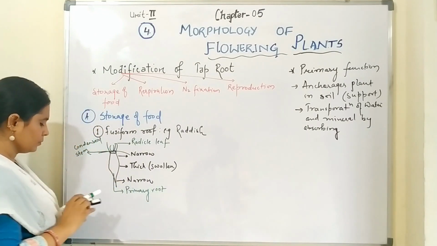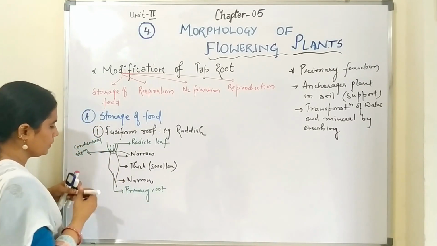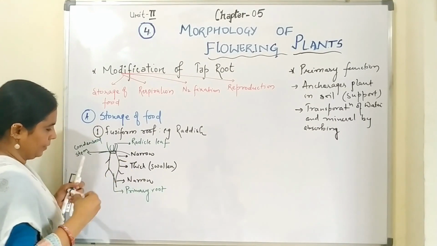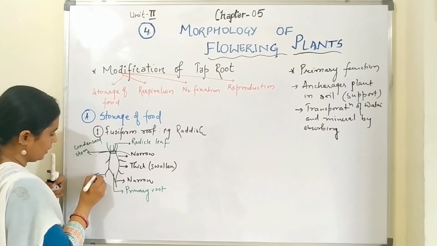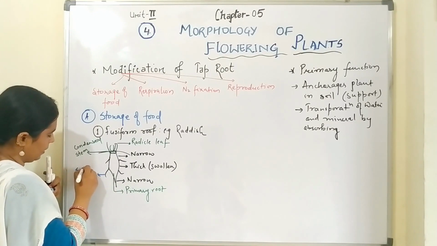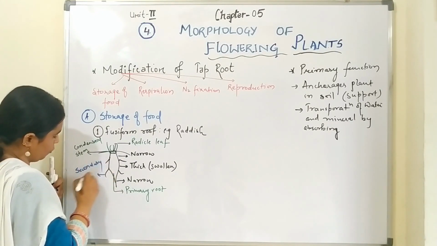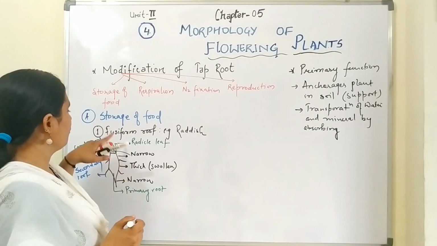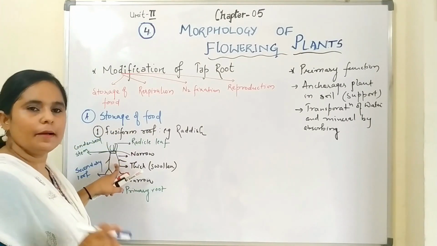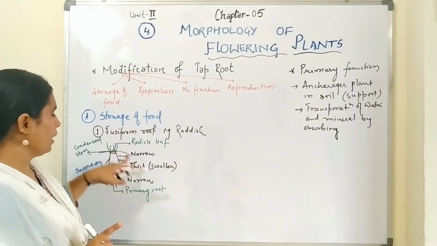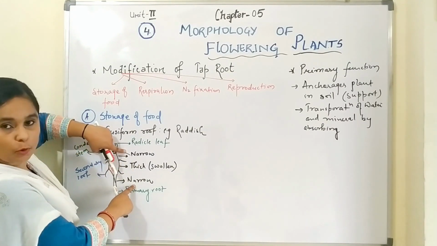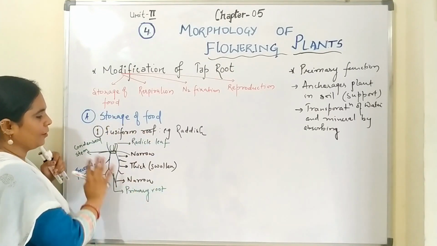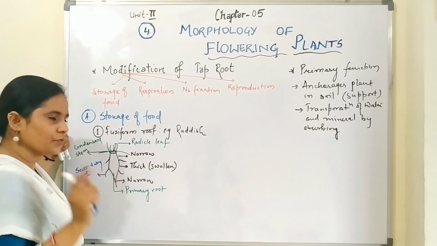From this primary root, you will see secondary roots developing. So the fleshy part of fusiform root will be the primary taproot, narrow at both ends and thicker in the center. So this kind of taproot is known as fusiform.